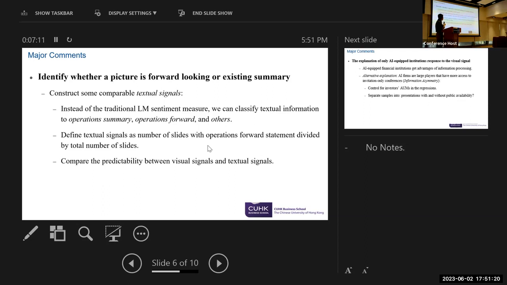So I would suggest you also try a similar technique for the text information, because CNN can also be applied to text. You classify those keywords or maybe some text in the slides as operation forward, operation summary, and others, and construct this text signal, and let these two signals compare and see whether they can beat each other, or whether this visual signal can still survive after you do this comparable training for the text.